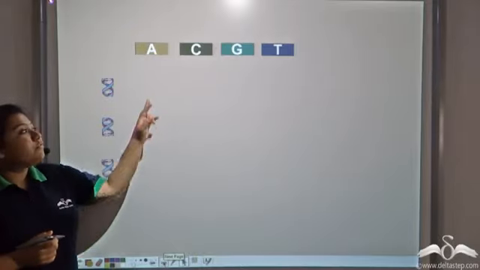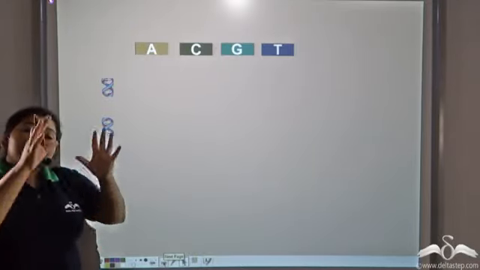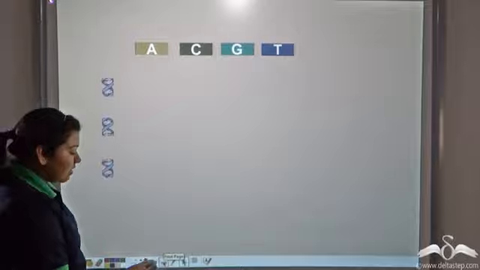Now see, the 4 bases can form different codes. See?